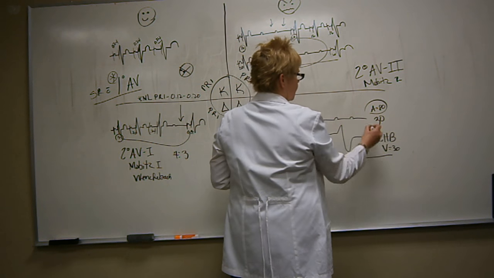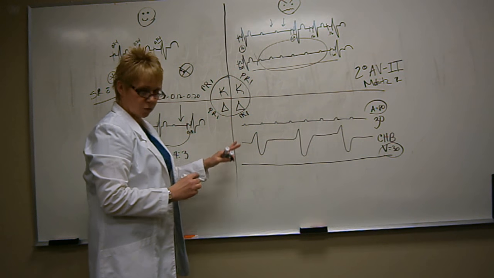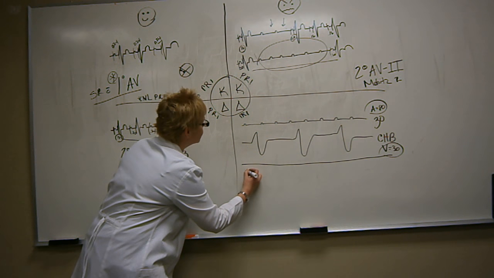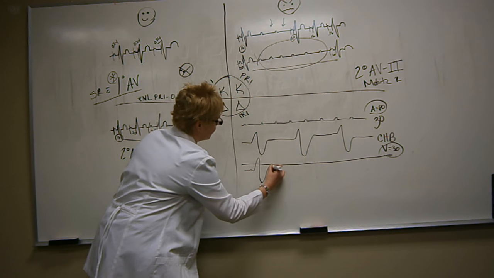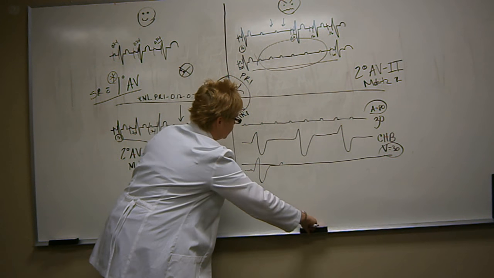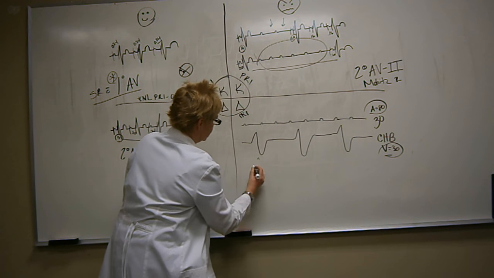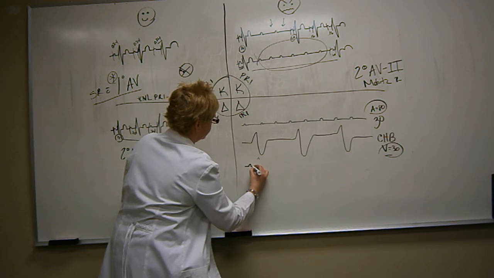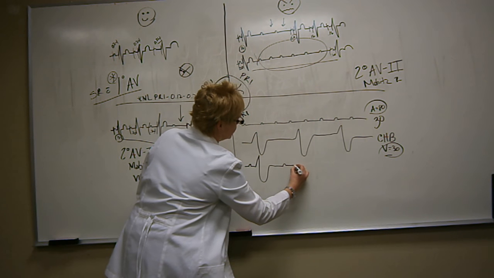So you almost have to break the rhythms apart as I did here, because what you will see on the rhythm strip is this. Actually, let me redraw this without that in, so you can see better.